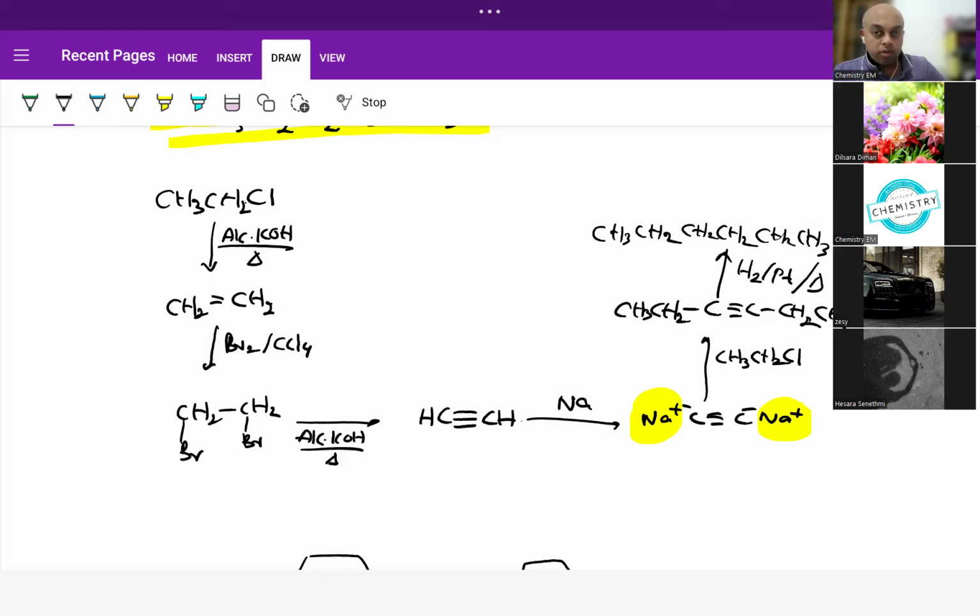Concentrated H2SO4 helps HNO3 produce NO2+ ions. Then at the end of the reaction, H2SO4 is formed again. So H2SO4 in that reaction is a catalyst. That's how you identify a catalyst. I think you have done chemical kinetics, right?